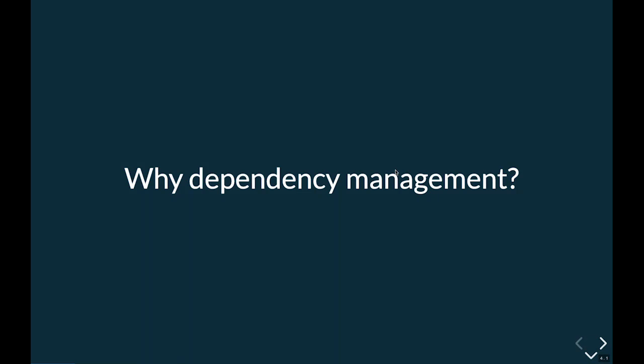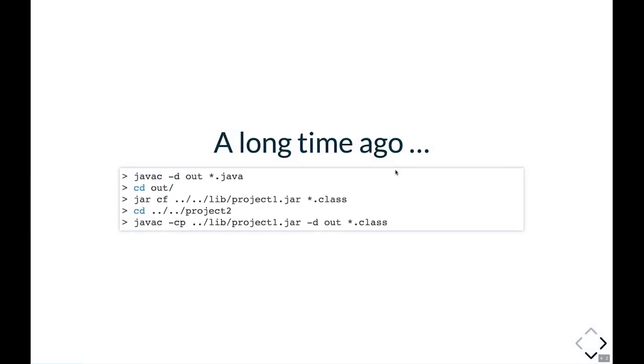Louis, can you tell us a bit more about the topic of today? Let's try to introduce why we talk about dependency management nowadays and where it comes from. Well, a long time ago, if you were a Java developer in the early days, you had to create your Java source files, go into the folder where they lived, compile them, then go to the output location you specified, and finally create the jar, which is the binary archive that represents your Java library or application.